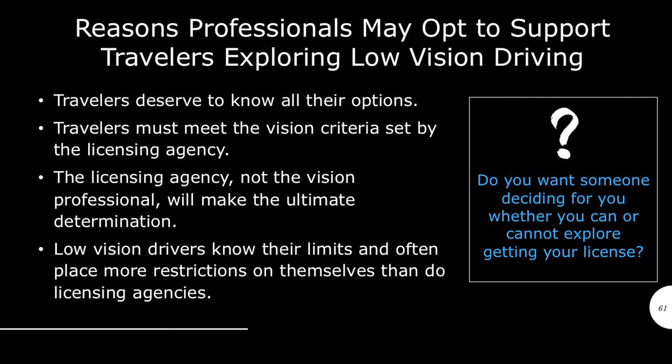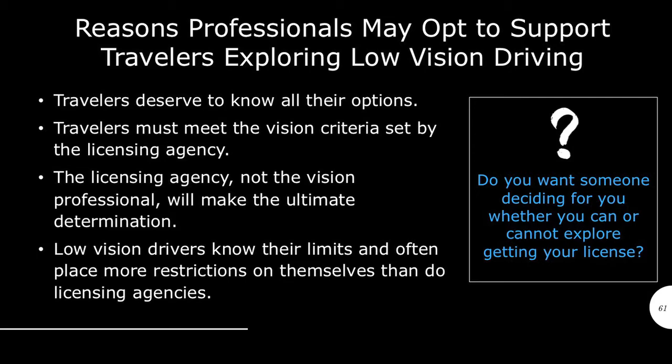Remember, just because somebody wants to be a low vision driver doesn't mean that they're going to meet all the criteria to qualify. The licensing agency, not the vision professional or the family member, is the person who ultimately makes the decision. And what has been shown anecdotally is that low vision drivers are very cautious.